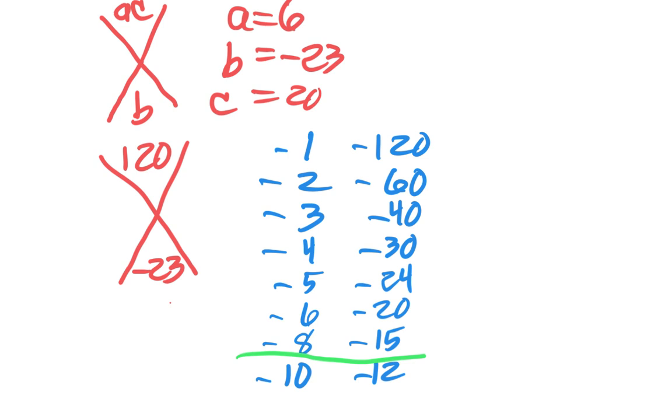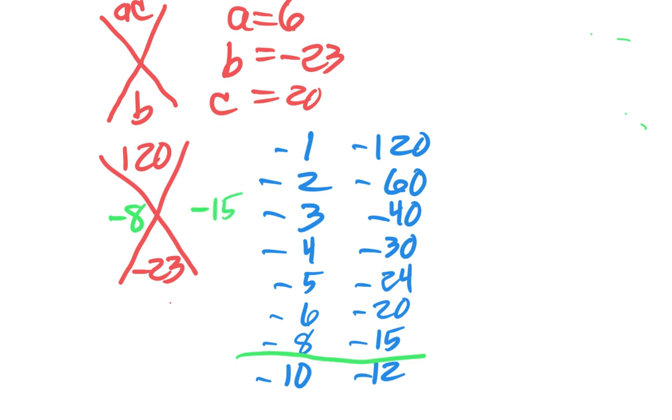All right, watch what we're about to do. So just like we did previously when we had our leading coefficient, or a, to be 1, I'm going to write my negative 8 here and my negative 15.